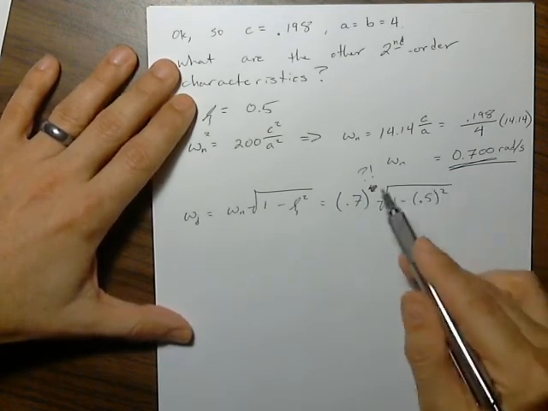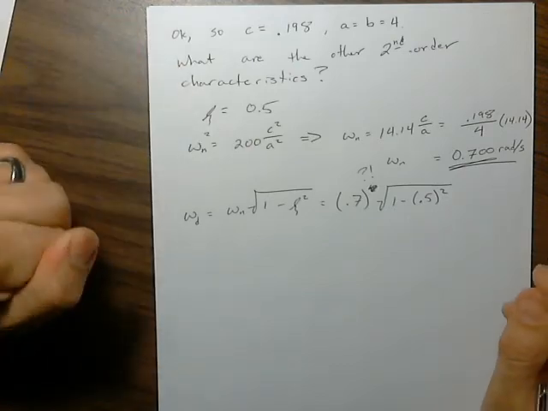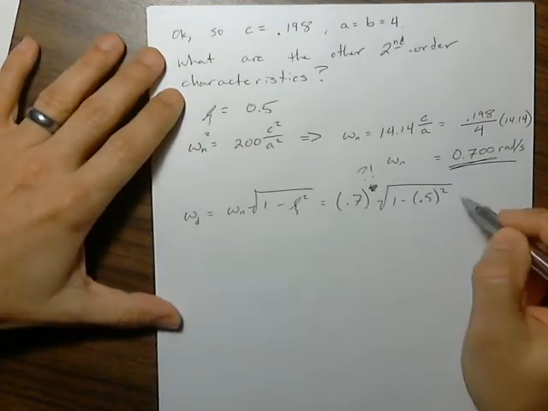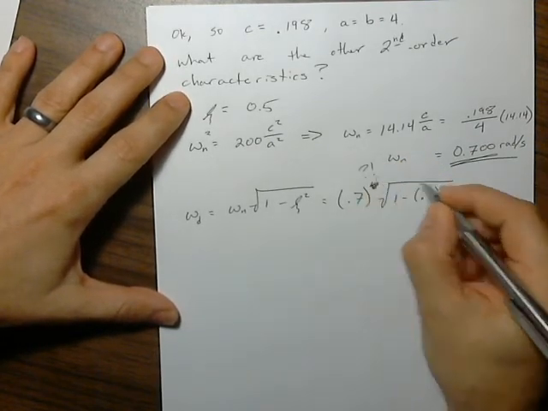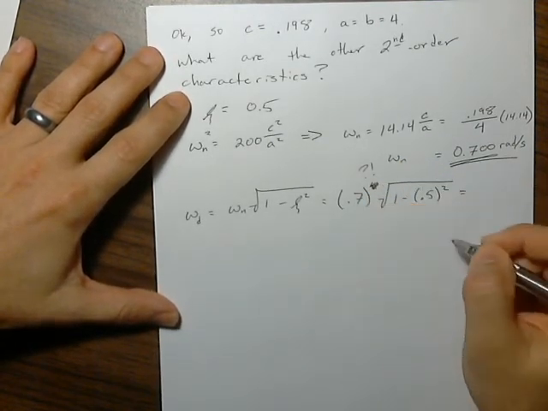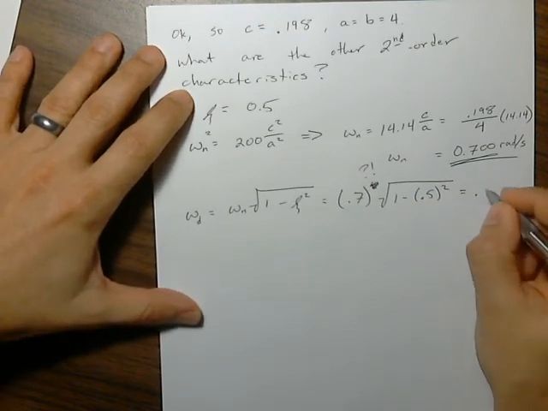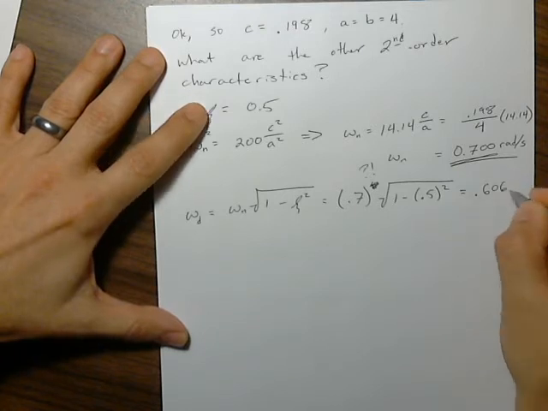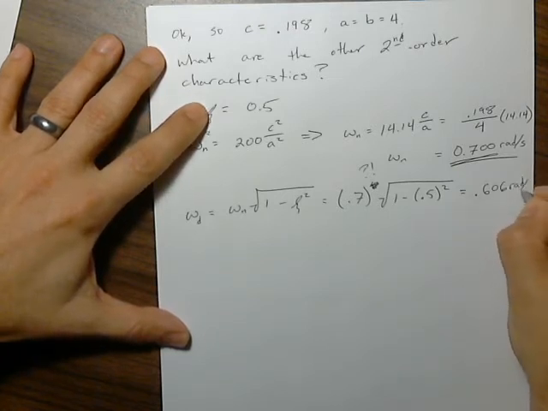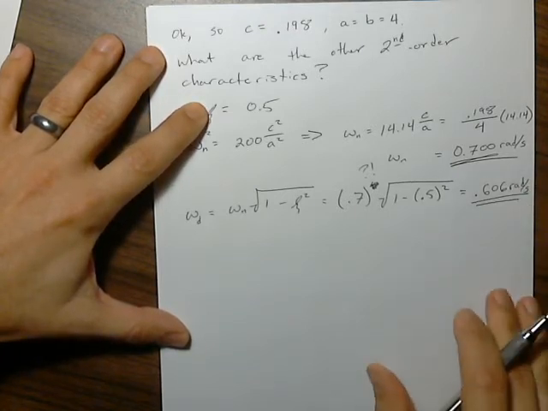Interestingly enough, that's from a 30, 60, 90 triangle. Should sound familiar. And then when I multiply that by my 0.7, I get a damped natural frequency of 0.606 radians per second.